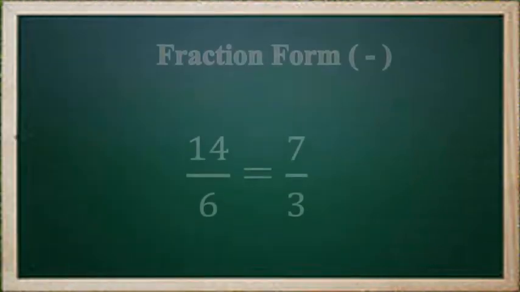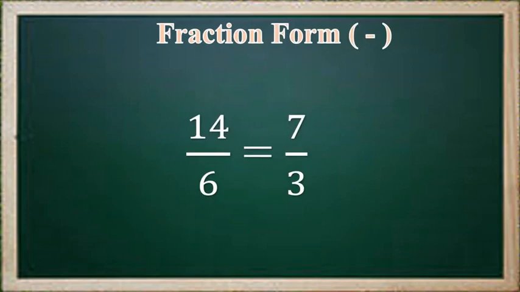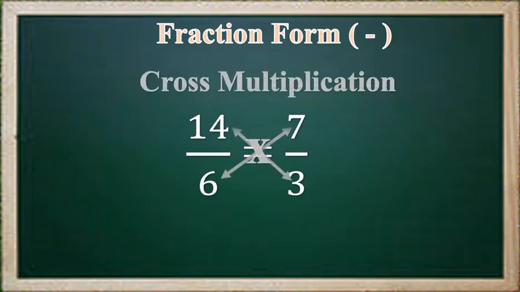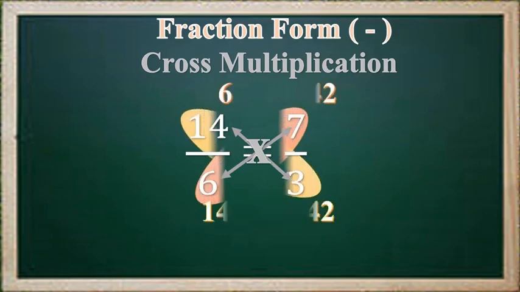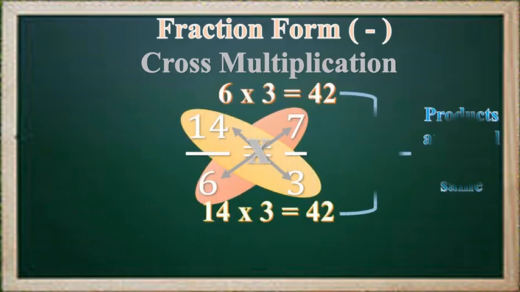How about in fraction form? Let's see if they have the same answer. How do we multiply? By using cross multiplication. Are they proportion? Yes. Why did you say that they are proportion? Because their products are equal.